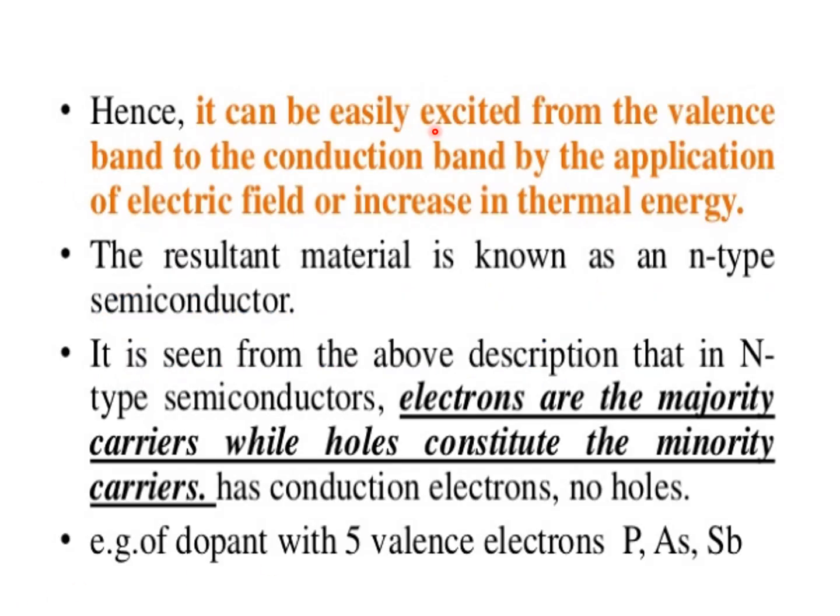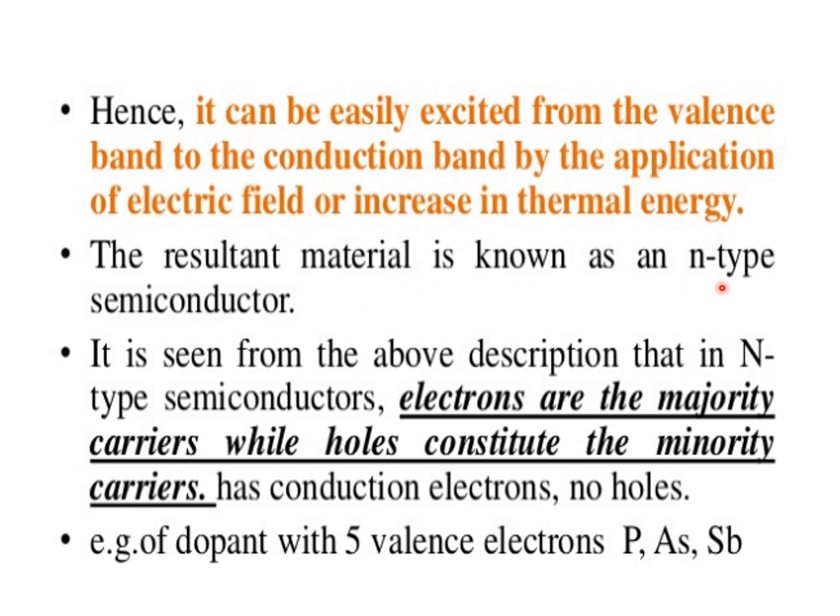That means silicon has 4 valence electrons, antimony has 5 valence electrons. The 4 valence electrons of pure silicon and the dopant's 4 valence electrons form the covalent bonds, and the dopant has one excess electron. This electron can easily move from the valence band to the conduction band.